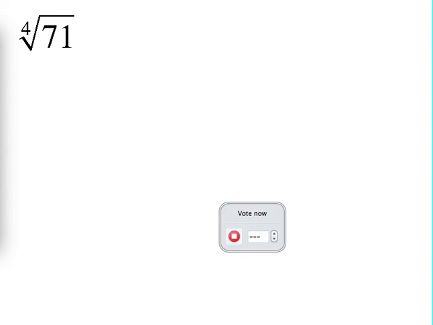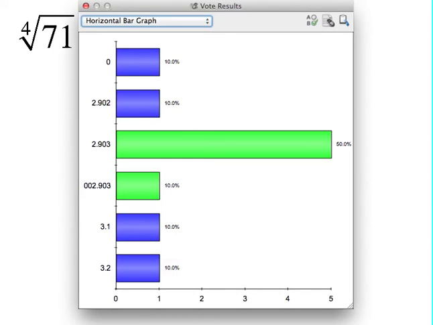And the answer is 2.903. So once again, you're looking for that x root key.